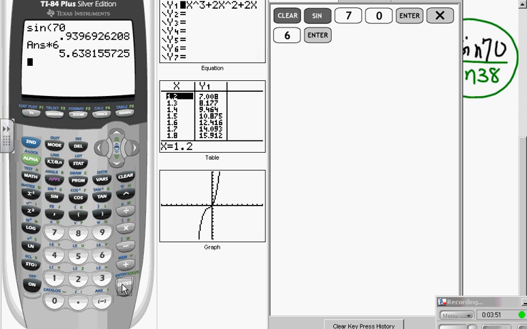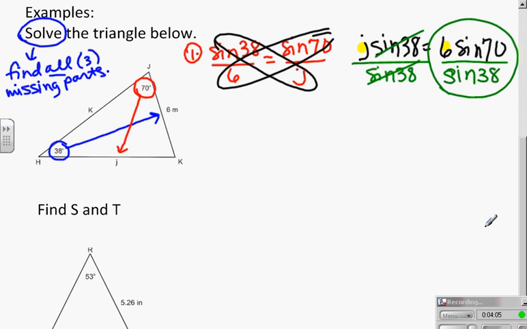Times 6, that's my numerator, enter. Now I'm going to divide by the sine of 38. It is perfectly acceptable and often a really good idea to write some of those numbers down as you go, just in case. And so what I find out is that j is equal to 9.16. There's my first piece of information.